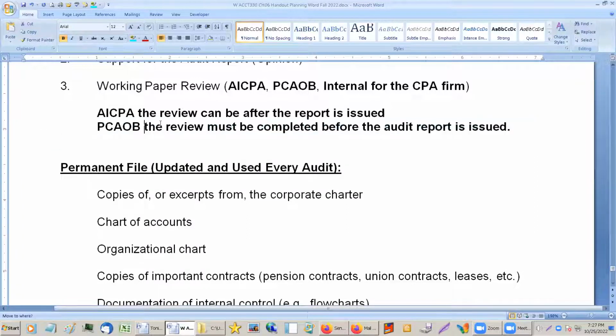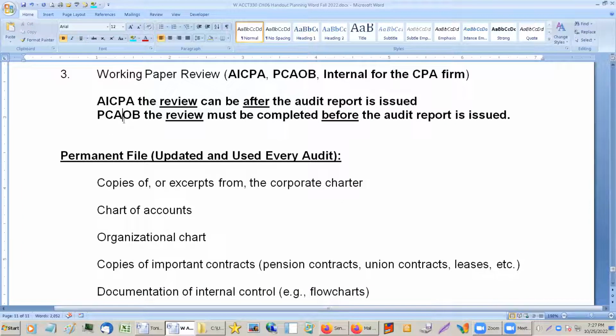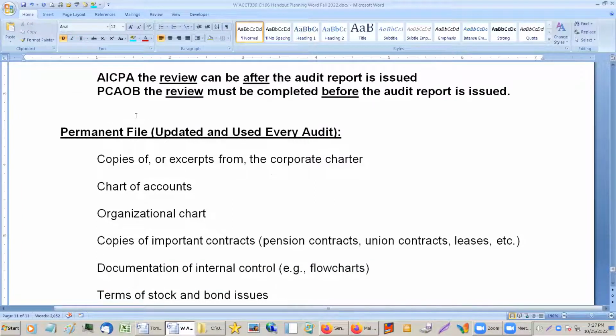So a little bit different timing on those. It can be done after for the AICPA. It must be done before for the PCAOB. So for the PCAOB, it has to be reviewed before they issue the audit report.